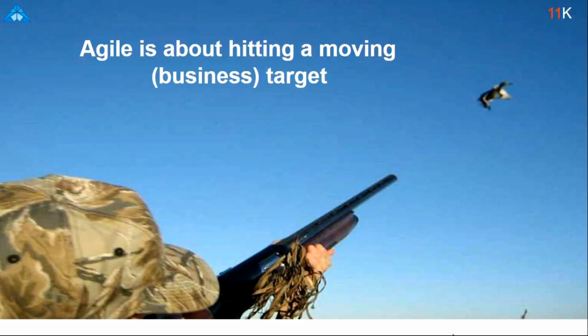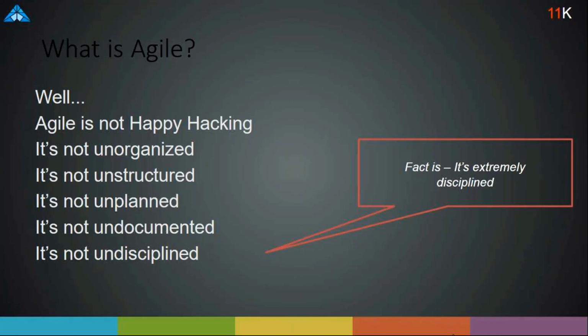The target was fixed, and anything which was not there, any scope change, came as a change request, as a result of which it was not adding any value to the client. So this is what Agile is.